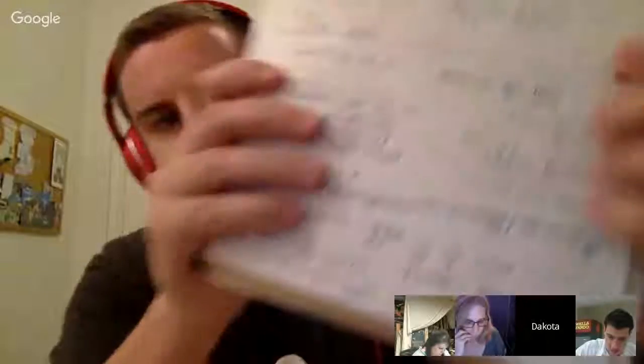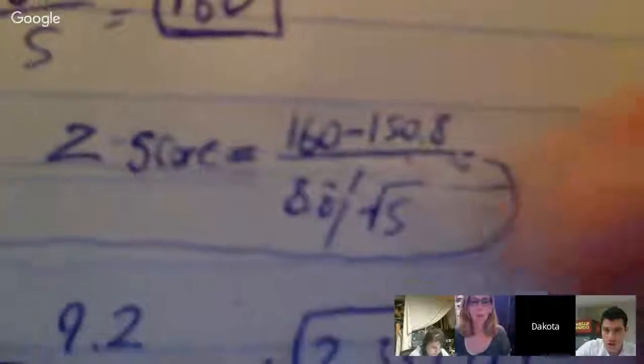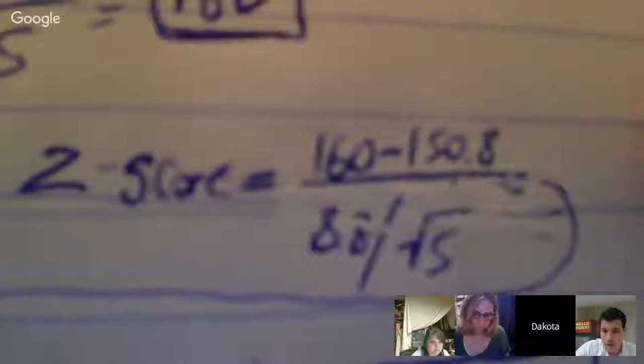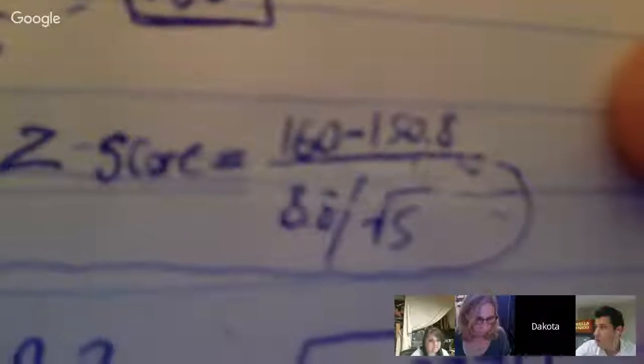It's kind of wonky on my paper because I used whiteout on it. But anyway, there's the equation here. So the z-score is equal to 160 minus 150.8 divided by 8.8, which is also divided by the square root of 5.